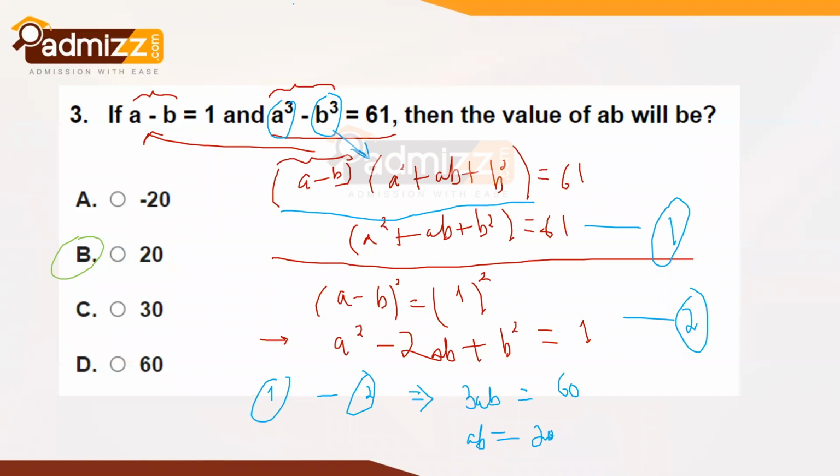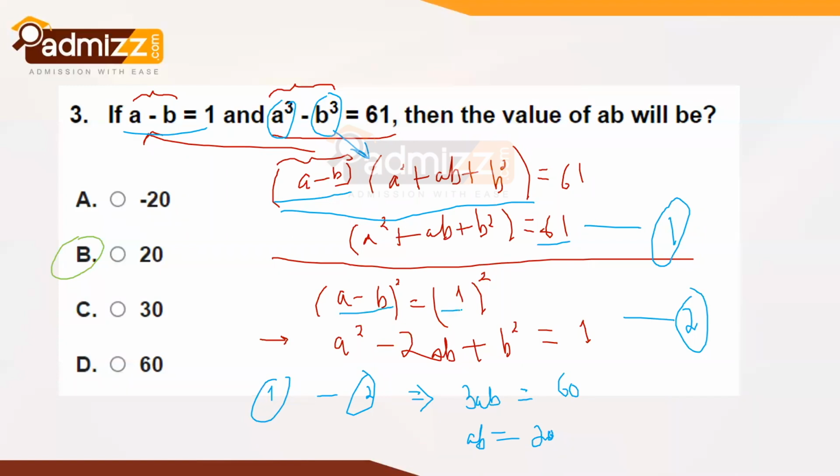Now, we know the value of A minus B, which is equal to 1, right? So we simply put that, and then we get A squared plus AB plus B squared equals 61. And this we mark as equation number 1, right?